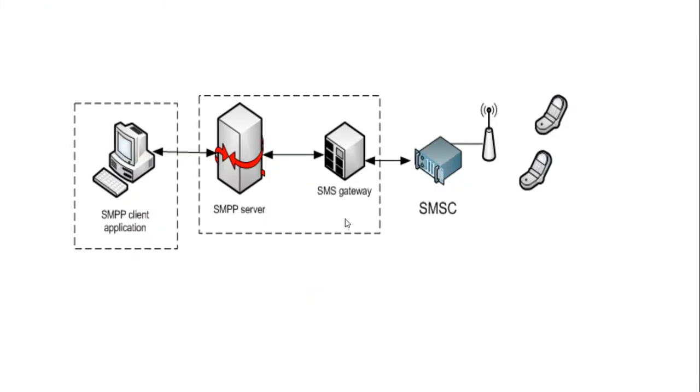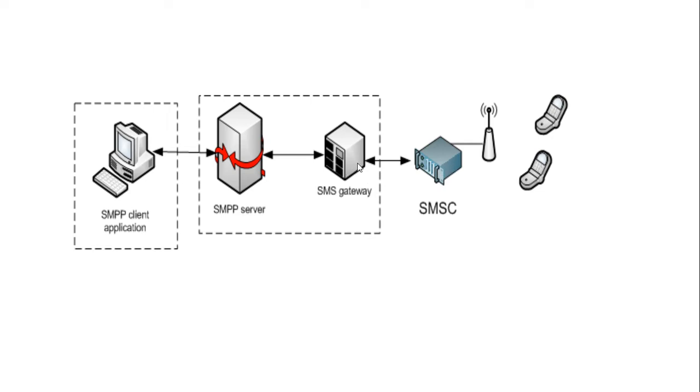Before knowing what SIGTRAN is, let's understand how SIGTRAN is implemented. Here is an SMPP client communicating to an SMPP server, then the SMS gateway, and the SMS is delivered to a mobile station. This mobile station is connected to a mobile tower, and this is connected over the SS7 network to an SMSC, through HLR, VLR, all this. Up to here it's the SS7 network, but here it's an IP network.